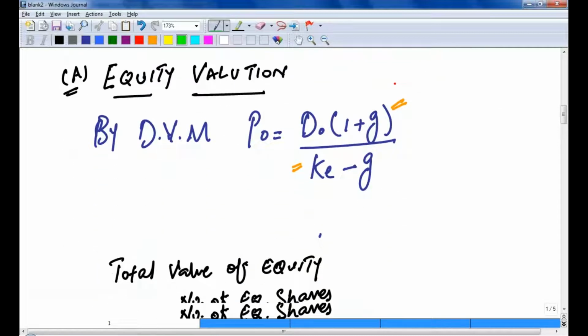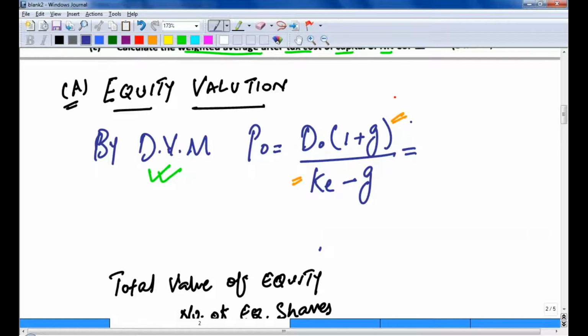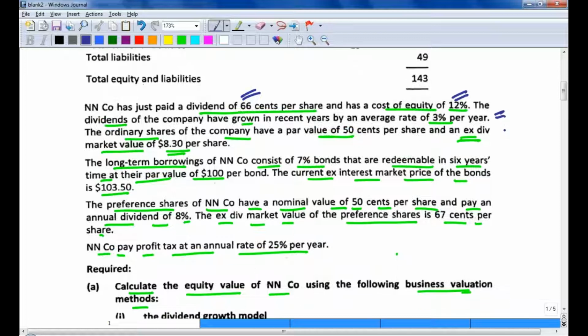Now, number one, equity valuation. How to calculate the equity value by DVM? It's very simple. P naught equals current dividend, 1 plus growth, divided by KE minus growth. It's very simple in this question. D naught is given, growth given, KE given, all these things are given. 66 cents, cost of equity 12%, growth rate 3%.